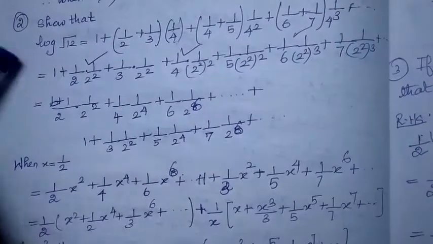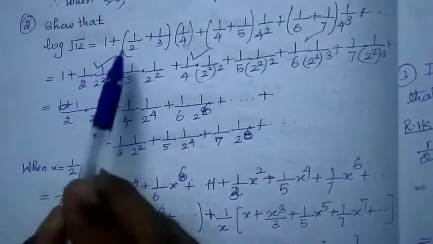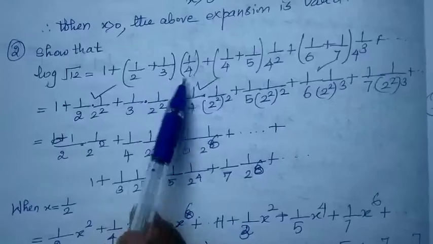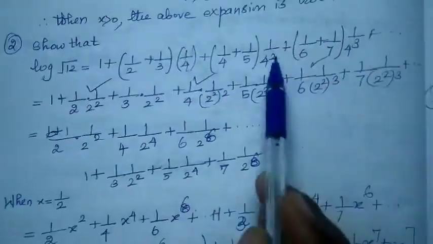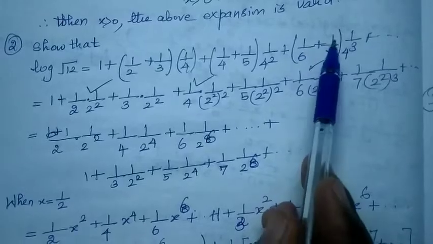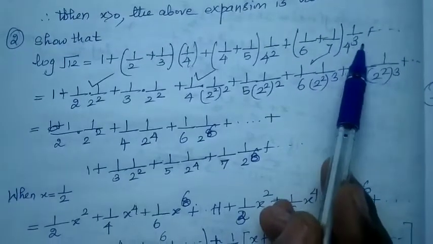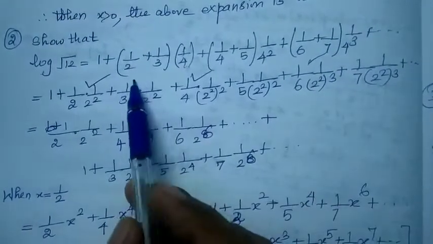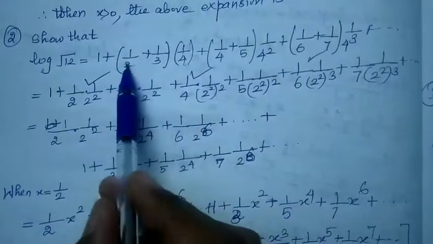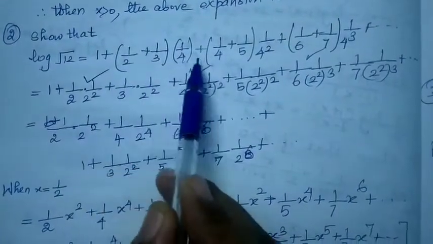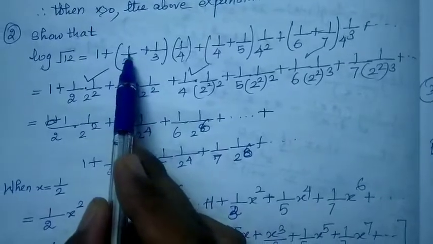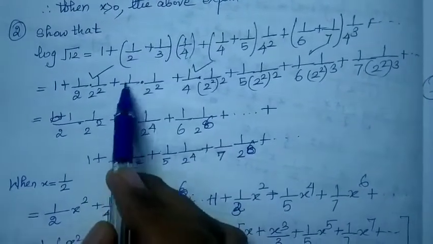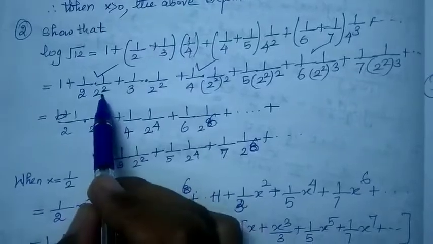Show that log root 12 equal to 1 plus 1 by 2 plus 1 by 3 into 1 by 4 plus 1 by 4 into 1 by 4 square plus 1 by 5 into 1 by 4 square plus 1 by 6 plus 1 by 7 into 1 by 4 cube plus etc. Right? So what I am going to do is just expand the right hand side equation first. That is expand this 1 by 2 into 1 by 4. 1 by 4 can be written as 1 by 2 square.